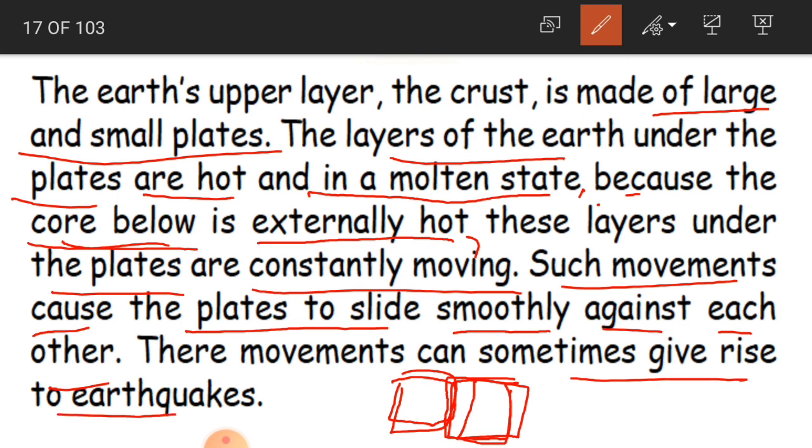Suppose you and some other person are walking side by side, then there is no problem. Suddenly, if you fall on the other person, what happens? You both will have some damage, or either person may fall down, or you may feel some sudden disturbance.